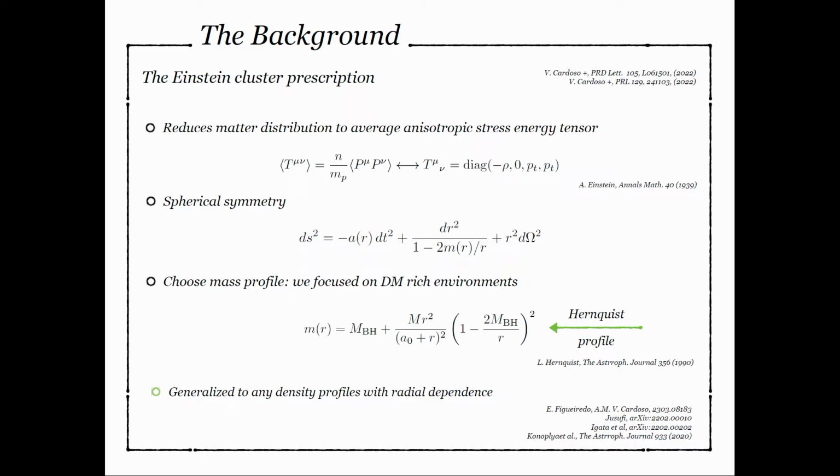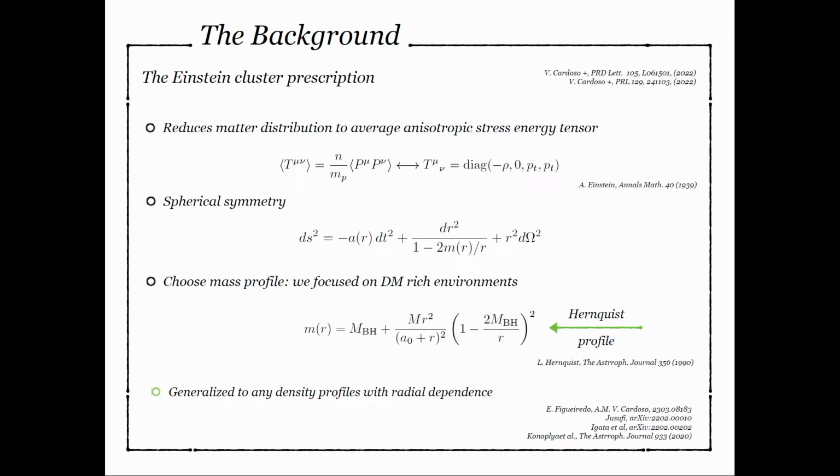We moved from a non-rotating solution, so we ask for a spherically symmetric space-time. For the first paper, we assumed that the matter distribution outside the black hole was reproduced by the Hernquist profile, which is one of the profiles most commonly used to describe dark matter, complying with astrophysical and numerical observations.